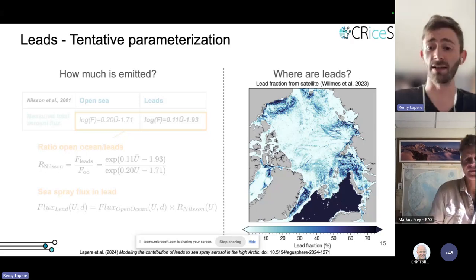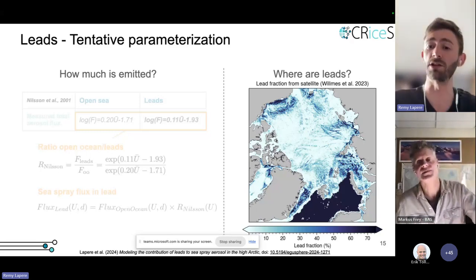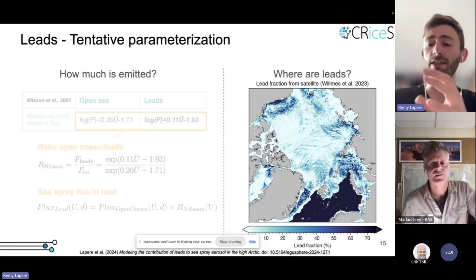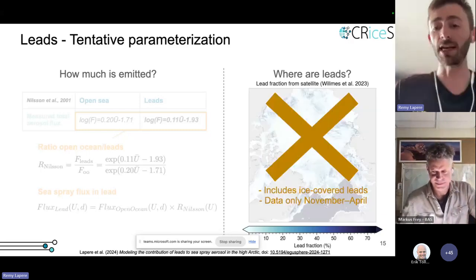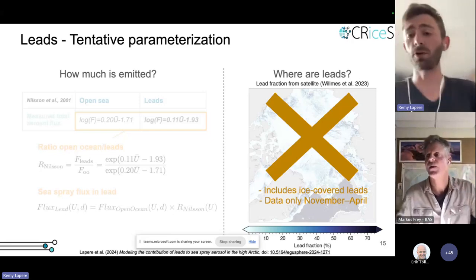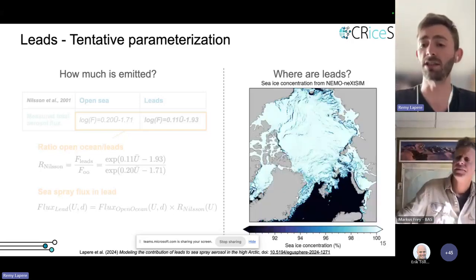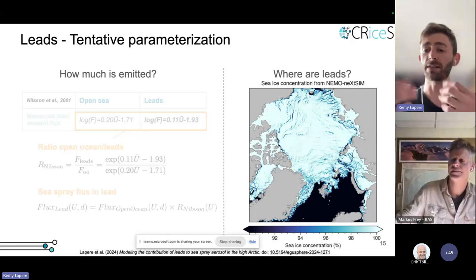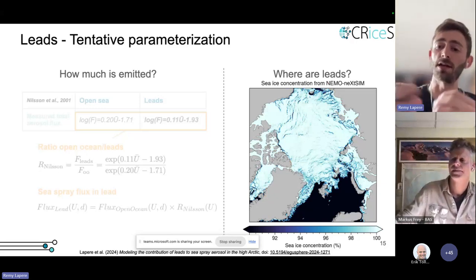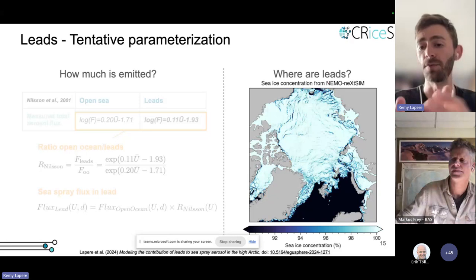Technically they are still leads, but they're not interesting for us because they cannot emit aerosols, at least sea spray aerosol. So that's a no-go for the satellite product. Instead, we turn to a modeling-based product with this NEMO-NextSim CRiceS model that's developed by colleagues at IGE, and we extract the open water fraction in the pack ice from this high-resolution modeling. So that's for the where.